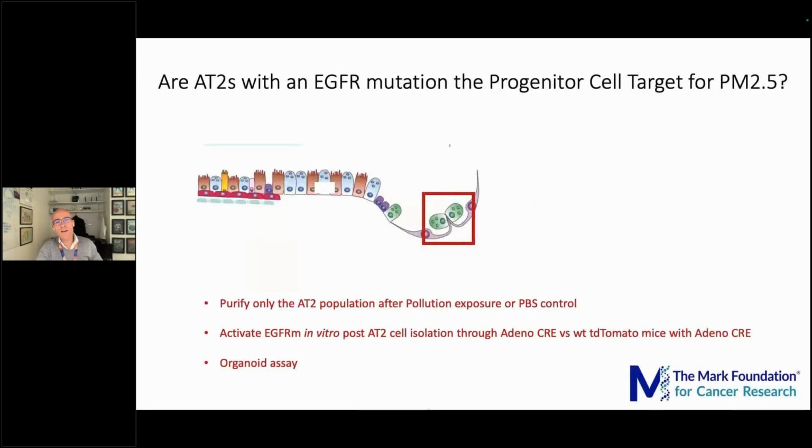So the question is, is it the AT2 cell in the mouse itself that's responsible for tumor formation? And we've got very elegant techniques to specifically switch on the EGFR mutation, this activating mutation that contributes to lung cancer but is not enough on its own to do so, in this specific small population of cells that I said accounts for less than 0.2% of cells in the adult lung.